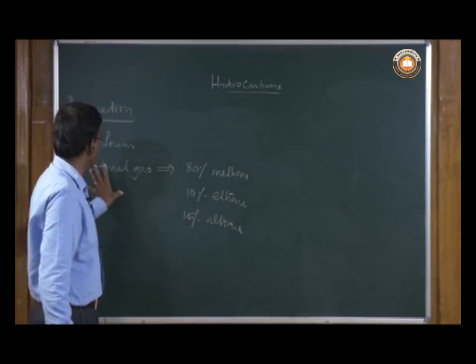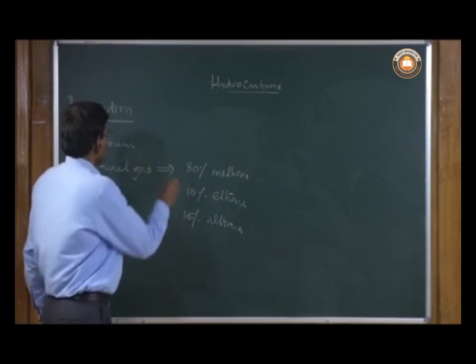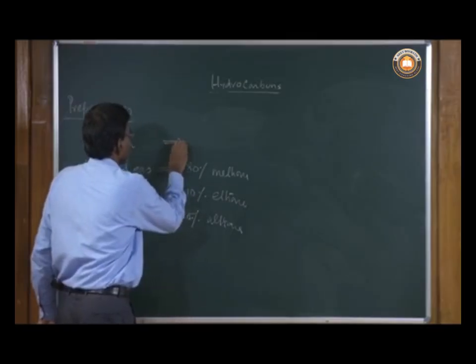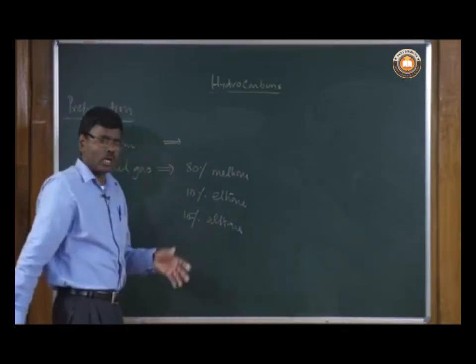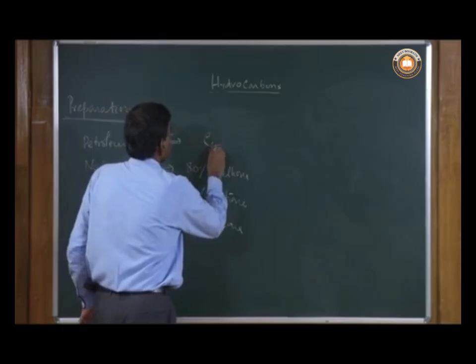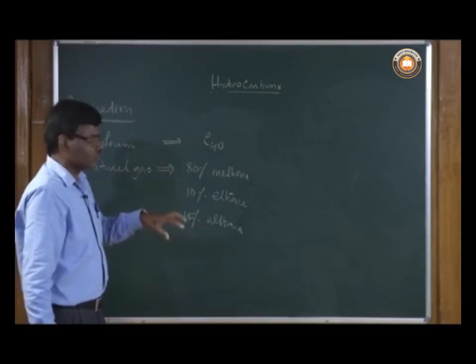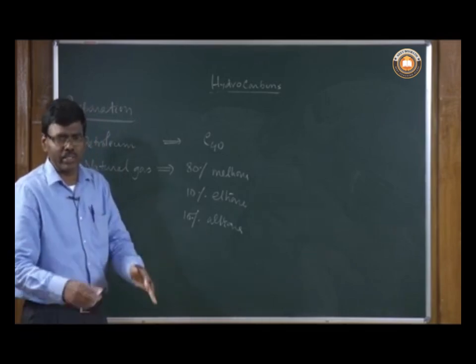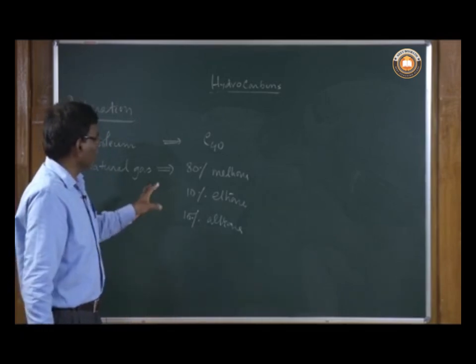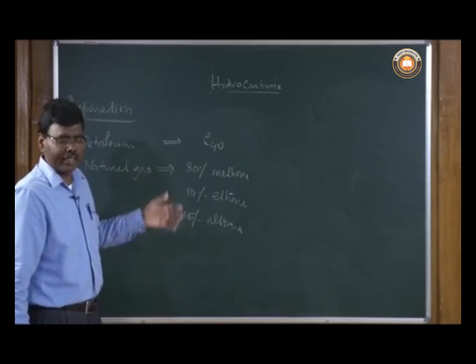This is a mixture in natural gas, and petroleum contains hydrocarbons up to C40. It is a mixture of hydrocarbons. They are found in the Earth's crust together, and we will see them in detail later.